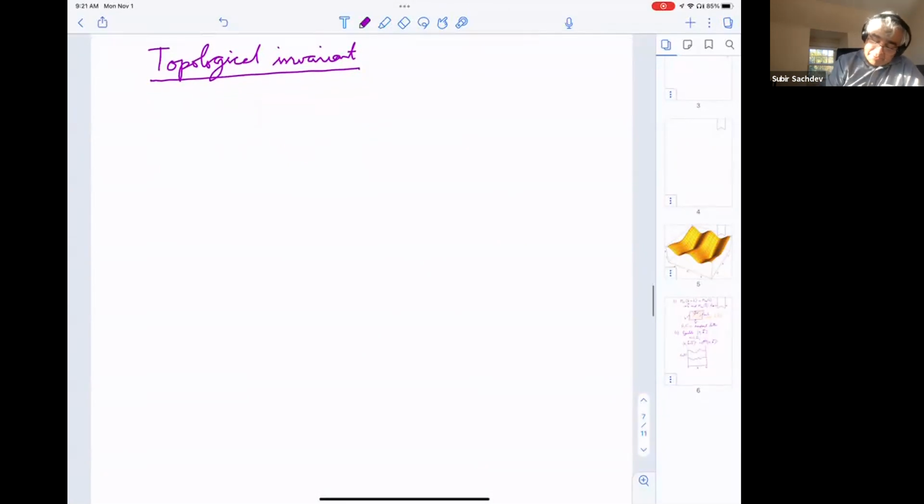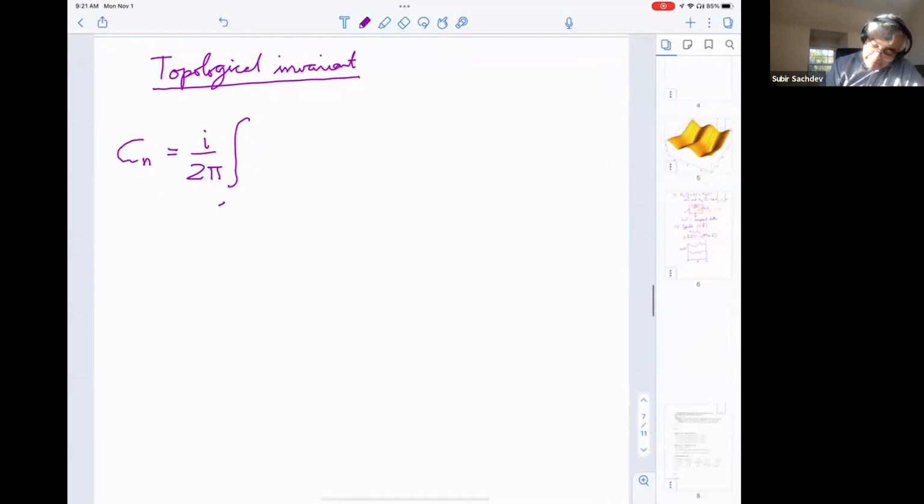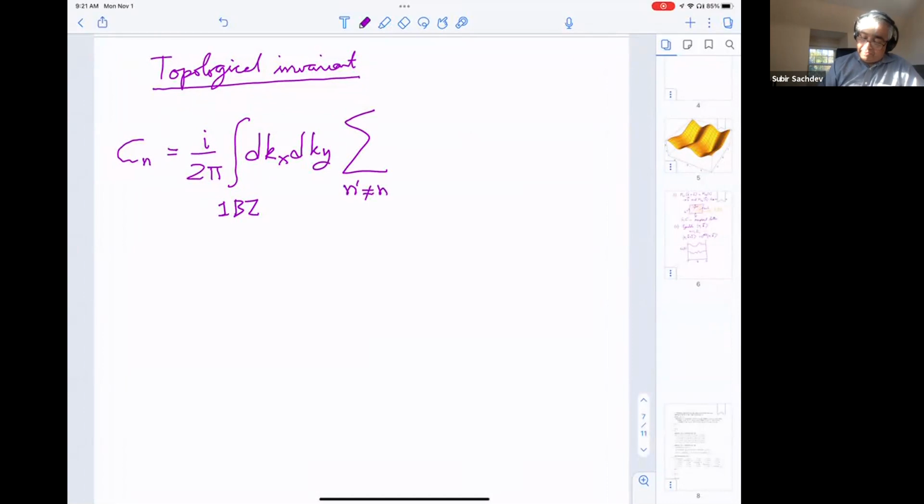So there's one invariant associated with every band, which is called the Chern number of the band. So band n is characterized by Cn, which is equal to i over 2 pi. You integrate over the first Brillouin zone, dkx dky. And then you sum over all other bands not equal to n of the following quantity.